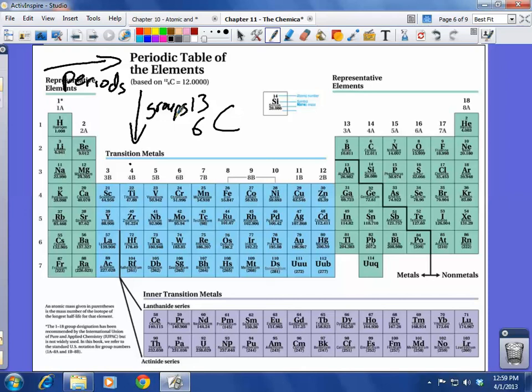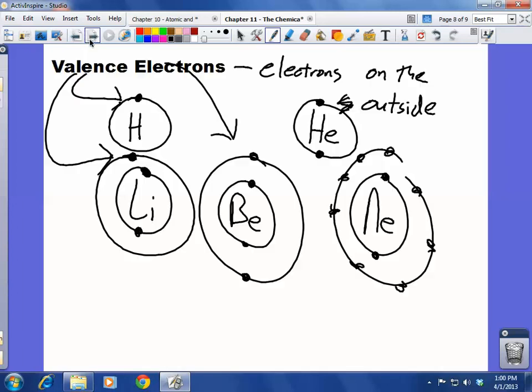So really, it's this group number here that tells us how many valence electrons we have. Okay? And so it's a little bit different in your book, but if I look at the A's, so everything in group 1A has 1 valence electron. Everything in group 2A has 2 valence electrons. Everything in group 3A, 3, so on and so on. Okay? So we don't have to go through this nonsense of drawing out these atoms every time we want to talk about a chemical reaction.